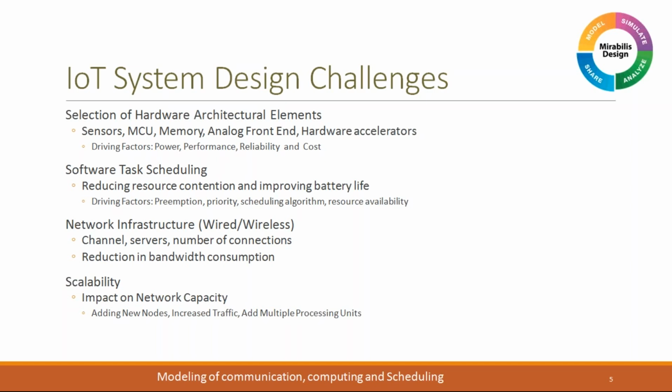And also we help in there to be able to understand the best scheduling algorithm, and also the kind of processing unit that you need to have to be able to meet your performance requirements, at the same time considering power requirements. Thirdly, we consider the network infrastructure, whether it is a wireless or wired network.